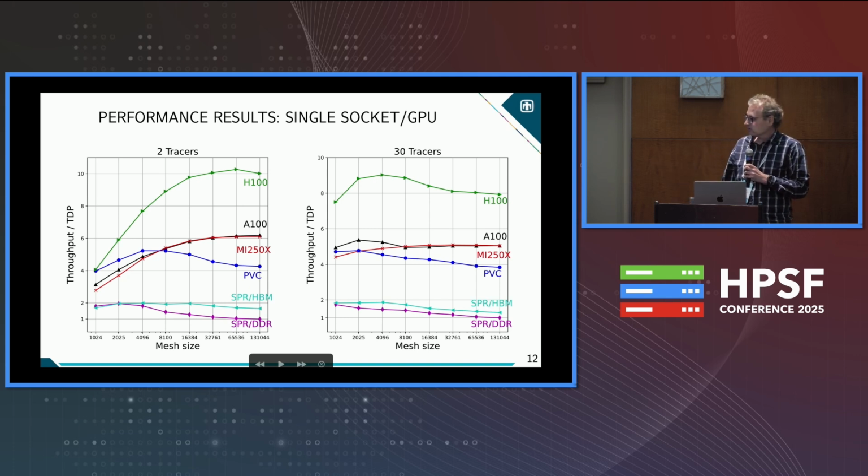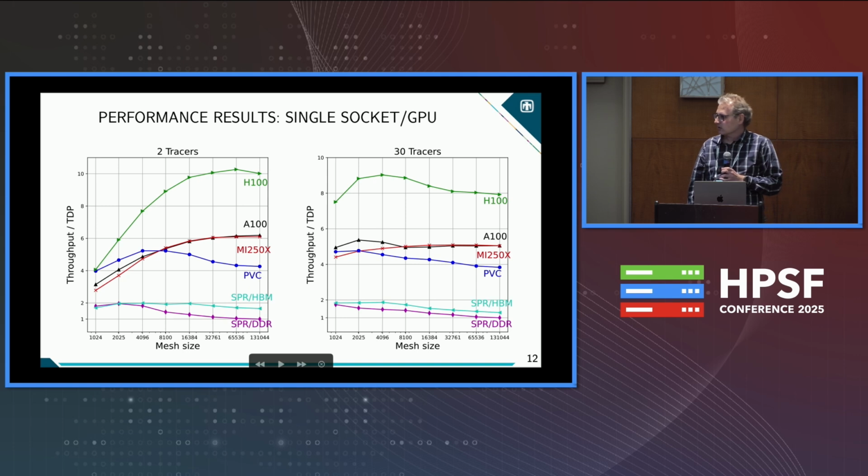So for CPUs, the best performance is at smaller mesh sizes. HBM just extends this performance region to larger meshes, but it doesn't change the peak performance. On most GPU platforms, we see this saturation effect with improving performance as we add more work until it's saturated, except on Intel GPUs, where there is a peak in performance at smaller meshes.